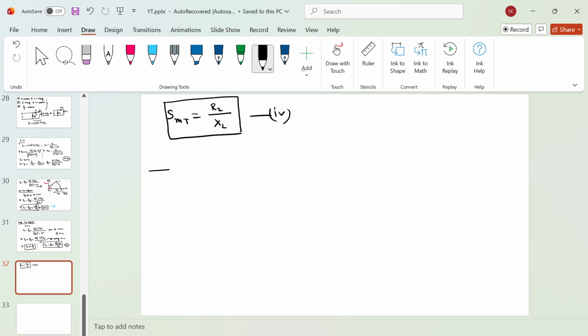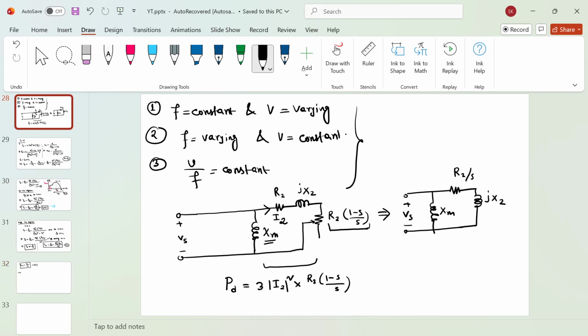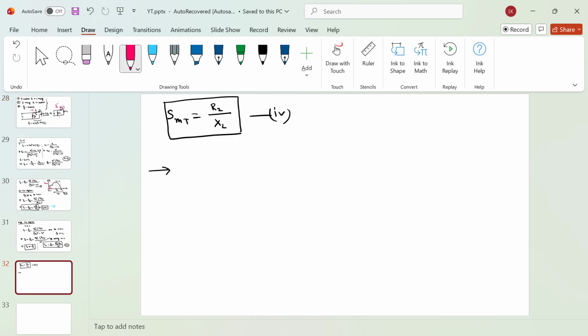From this particular figure, the power from this point is what we call the air gap power. Both figures are the same. The power that is coming to the rotor circuit is called air gap power, and that power will be lost across R2 by S. Let me write down the air gap power equation.